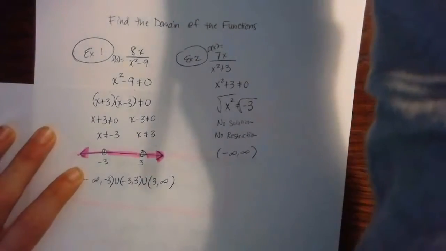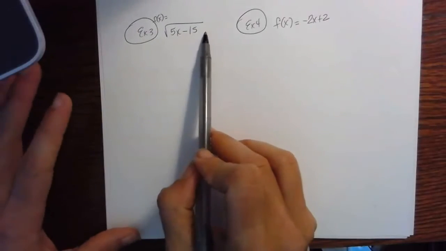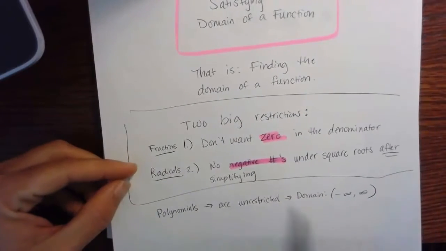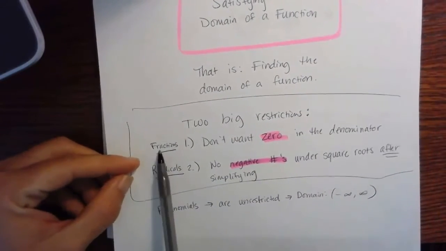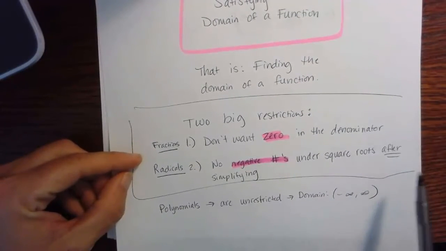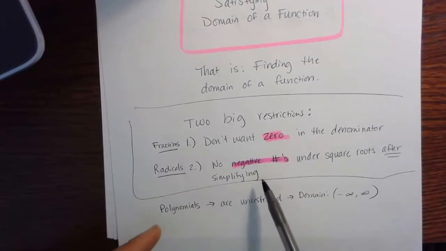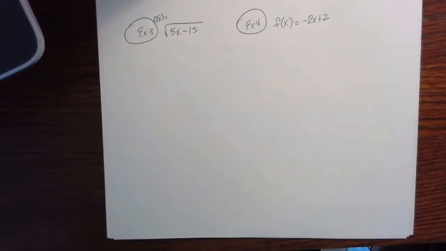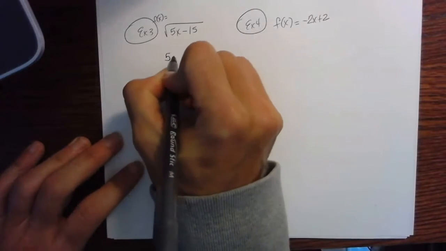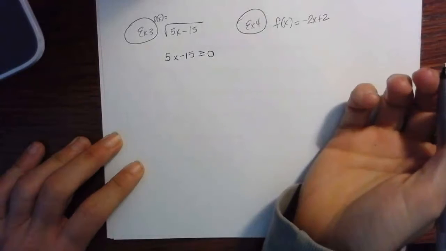Alright, so let's take a look at example 3. Example 3 is a square root, and again, we don't want the value underneath a radical being negative. Whereas with the fractions, we set it equal to 0 and solve to see what those solutions would be, with a radical, we're going to actually use an inequality. If I don't want 5x minus 15 being negative, I'm going to set it greater than or equal to 0.